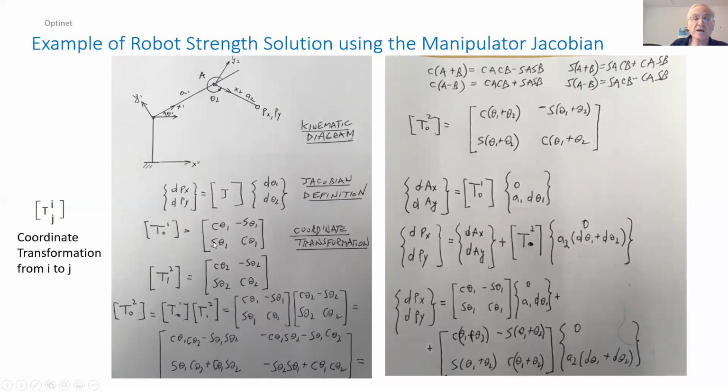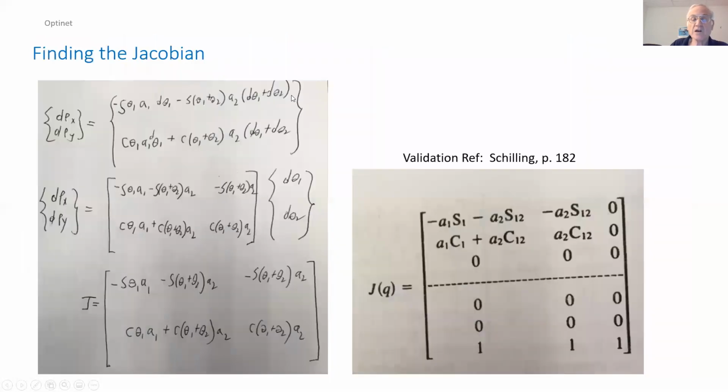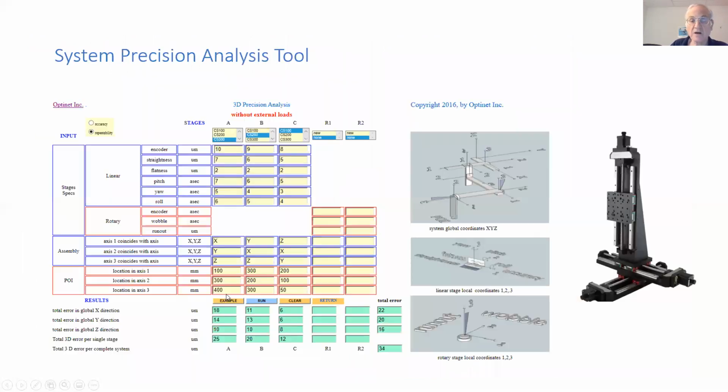It's a simple transformation matrix that has cosine of the angle between the two coordinate systems on the diagonal, and then minus sine and sine on the off diagonal, depending whether we convert the rotating with respect to the stationary or the stationary with respect to the rotating.